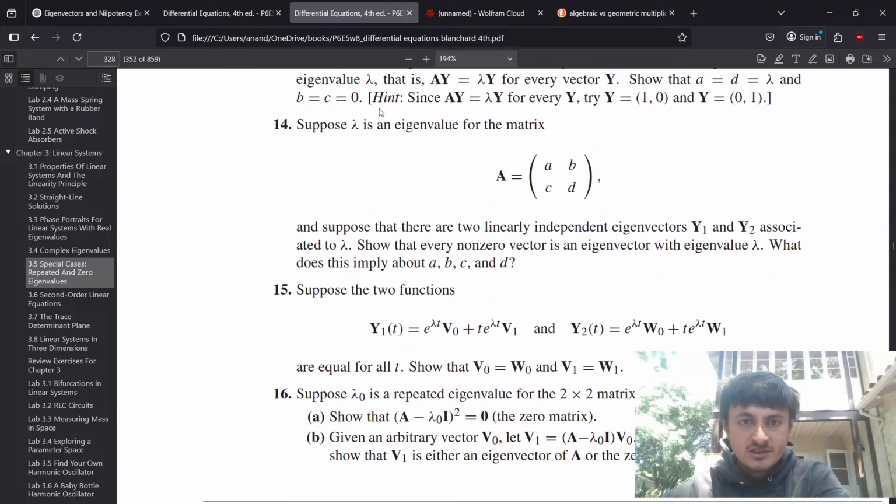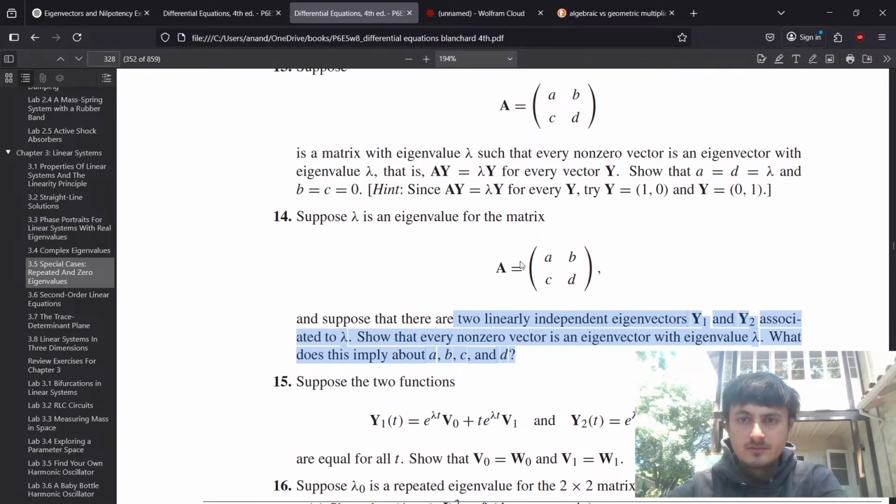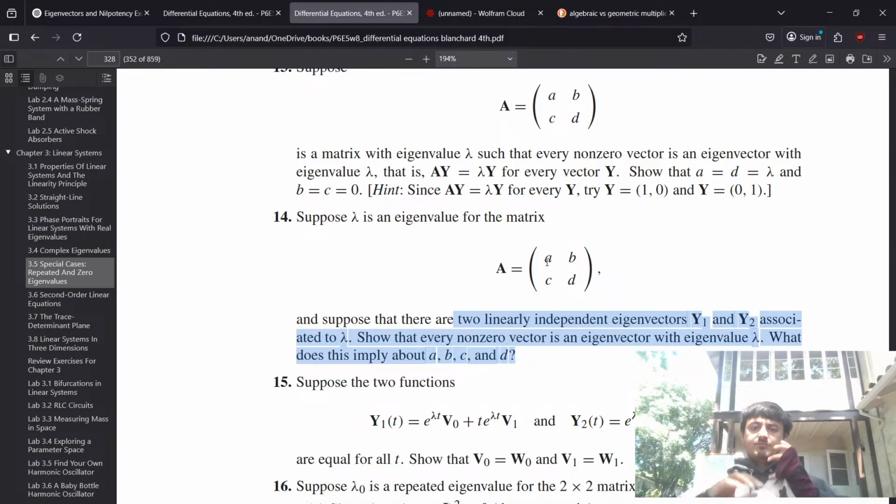All right, 14. Suppose lambda is an eigenvalue for the matrix, and suppose that there are two linearly independent eigenvectors, y1 and y2, associated with lambda. Show that every non-zero vector is an eigenvector with eigenvalue lambda. What does this imply about a, b, c, d? This is a really good problem.